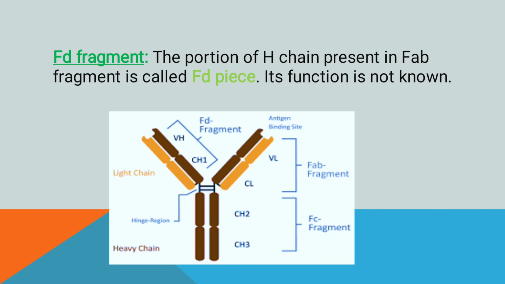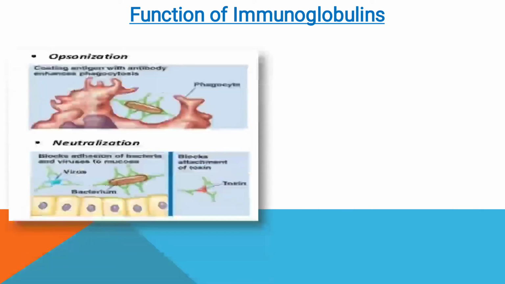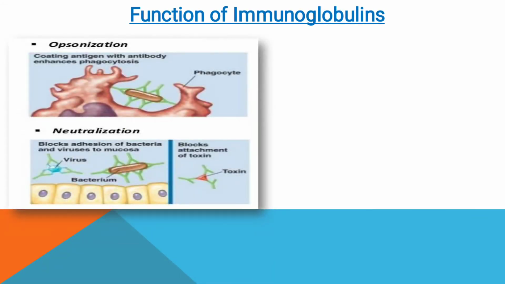Next, coming to immunoglobulin functions. Immunoglobulins have various functions. Let us see one by one what functions are performed by immunoglobulins. The first one is opsonization. The mechanism of antibody mediated increase in phagocytic efficacy is known as opsonization.